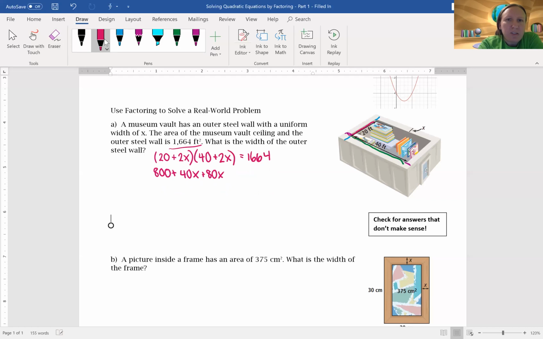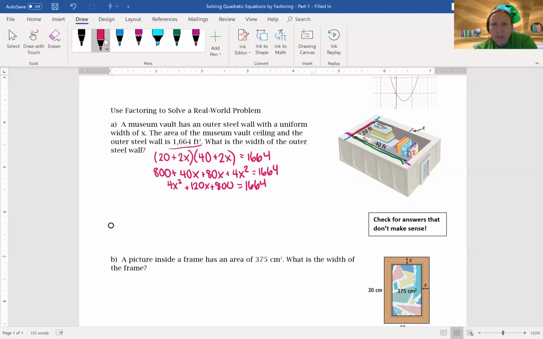And 2X times 2X is 4X squared. I'm going to simplify that left-hand side and rearrange it in standard form, from highest degree to lowest degree. So that's going to be 4X squared, 40X and 80X is 120X, plus 800 equals 1664.